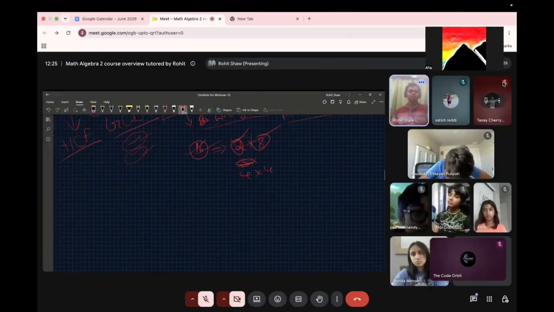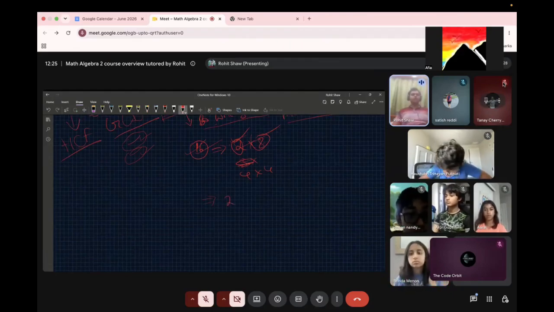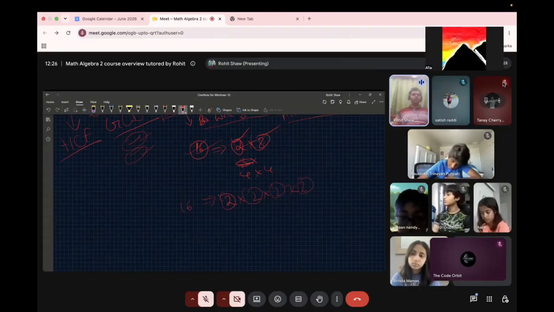And if I write it as the multiple of its prime numbers, I can write it as 2 into 2 into 2 into 2. So these are prime numbers, right? 2 is an even prime number. If I write it as the product of its prime numbers, it is called prime factorization.